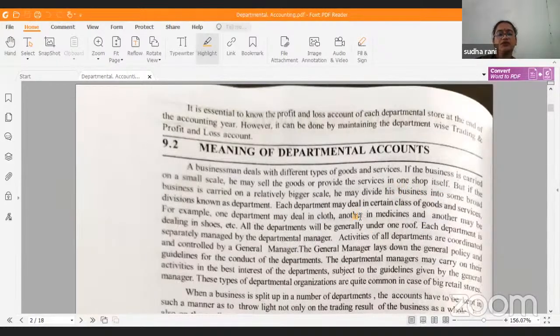He carries on this business on a bigger scale. As I said, Big Bazaar is the best example: he provides different products and services for customers. Each department deals with different types of goods.